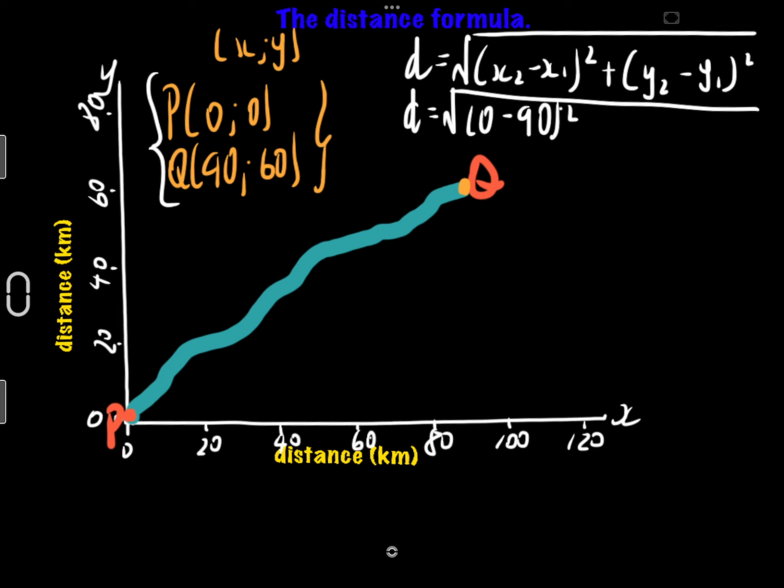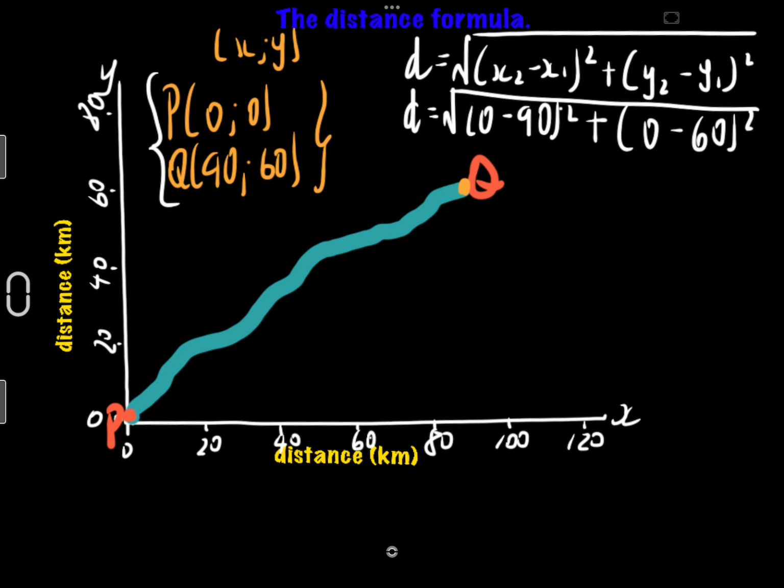Close bracket, raised to the second power, plus. Remember, that's the original identity of the distance formula, so you have to maintain that plus operation. So now our y at P is also 0, minus our y at Q, which is 60. Close bracket, also raised to the second power.